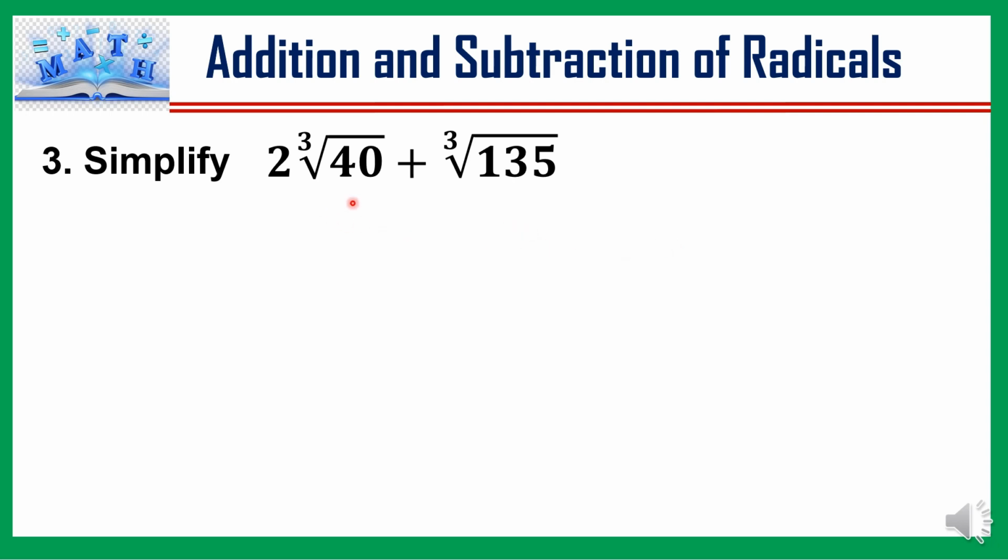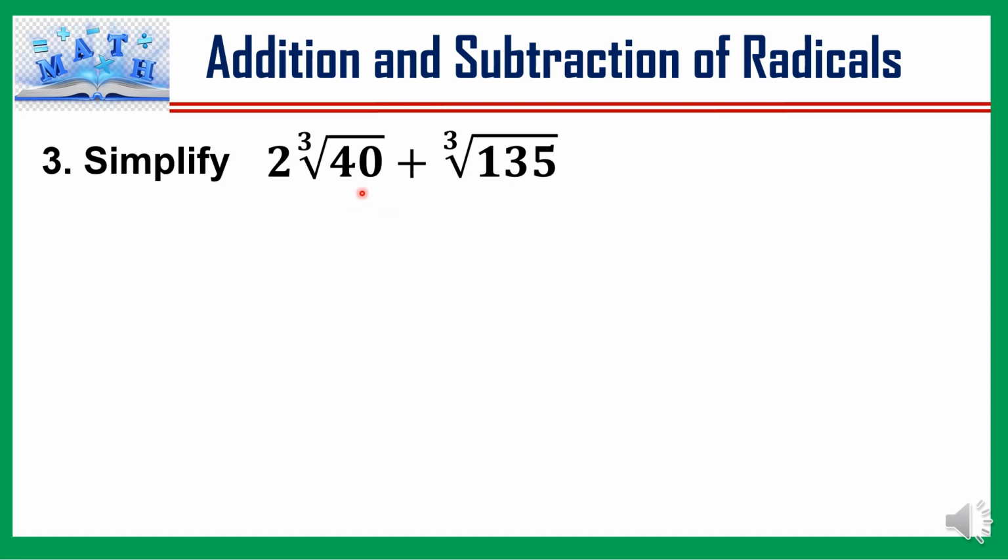Now, dito sa given natin, kung makikita natin, we don't have like radicals. So, ibig sabihin, hindi na natin pwedeng isimplify itong expression natin na to. Of course, no. So, next rule in adding and subtracting radicals is that just take a look doon sa ating mga terms inside the radical symbol kung pwede pa ba natin siyang i-simplify by finding the factor of those numbers inside the radical symbol, kagaya ni 40 at 135.